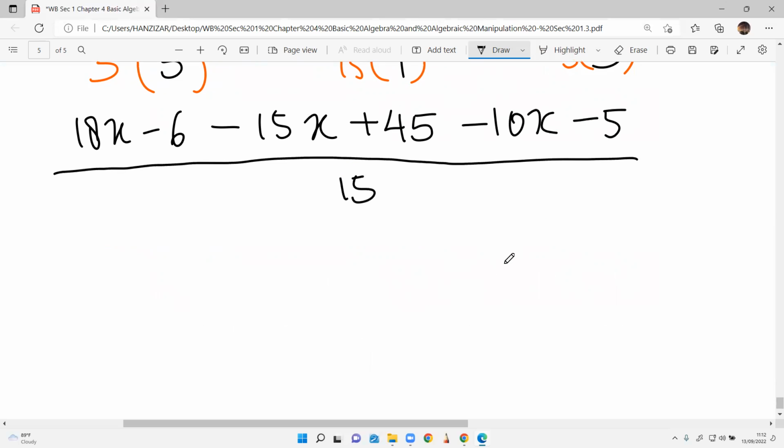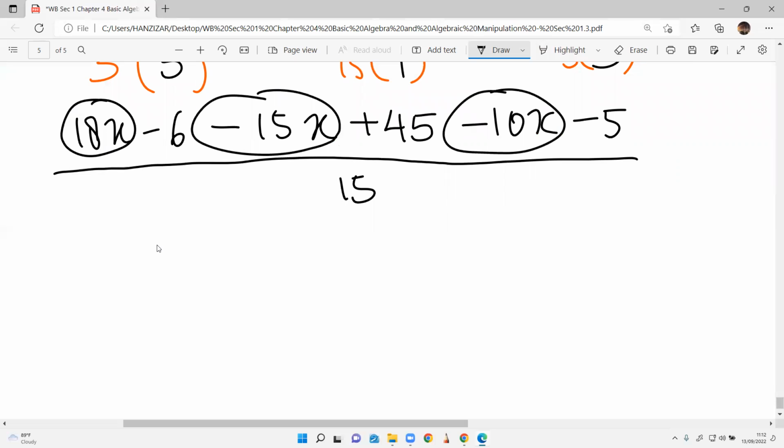Then, are we done? No, of course. 18 minus 15 is 3, minus 10, then minus 7x, right? Then minus 6 plus 45 is 39, 39 minus 5 is 39.